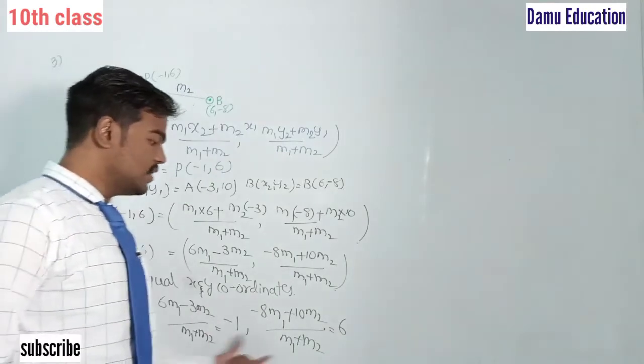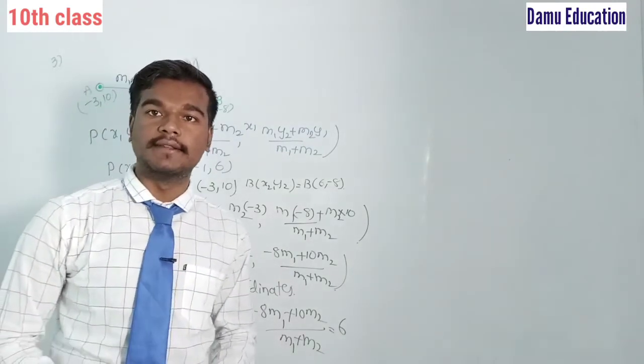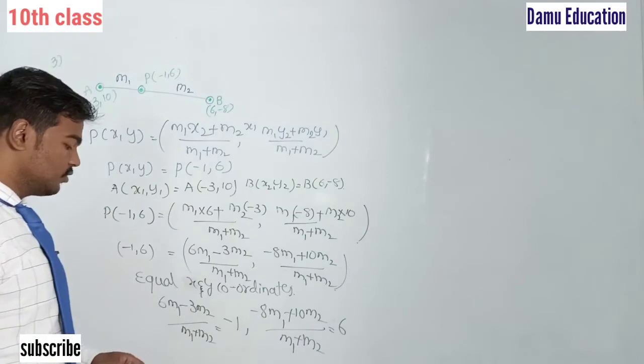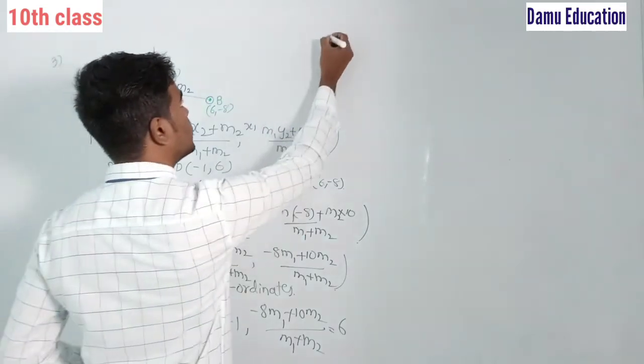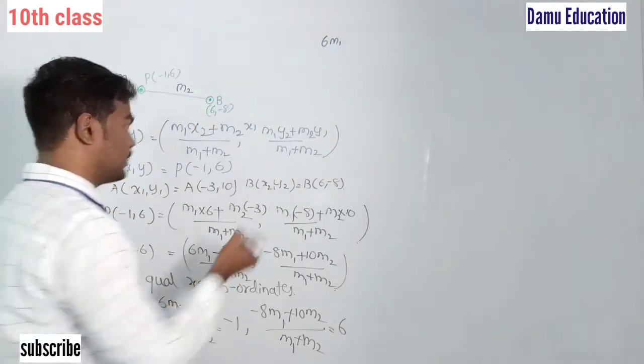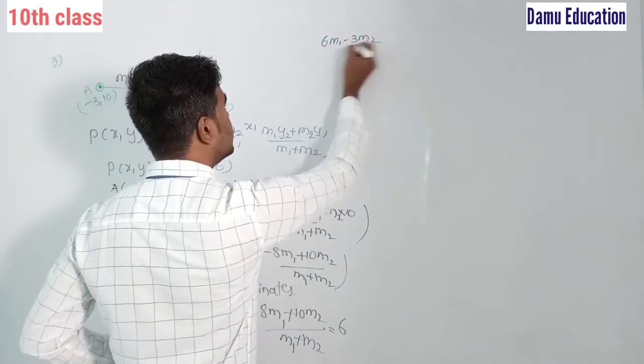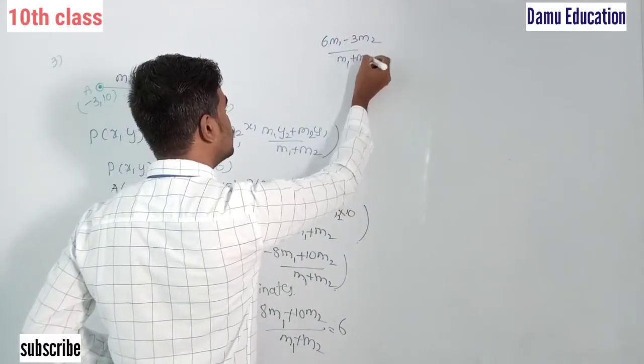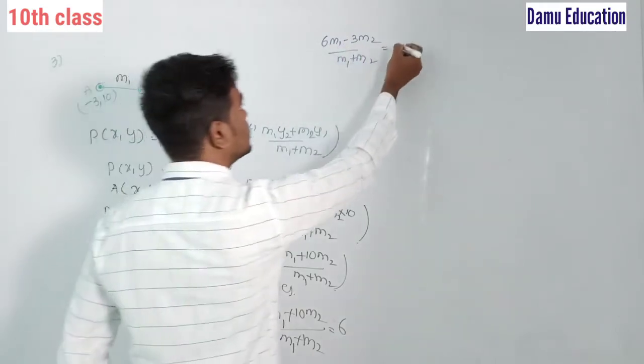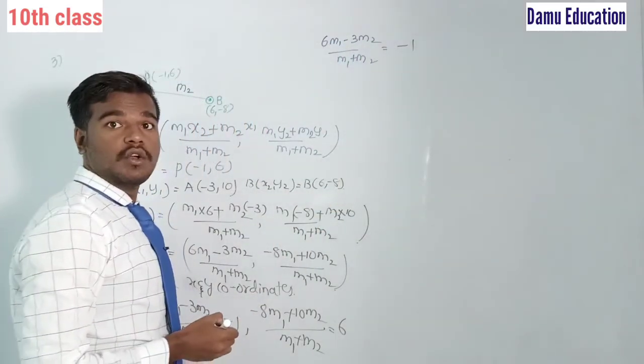By using any one of these, you can get the answer. Let's take 6 m1 first. 6 m1 minus 3 m2 whole divided by m1 plus m2 will be equal to minus 1. Let's simplify this.